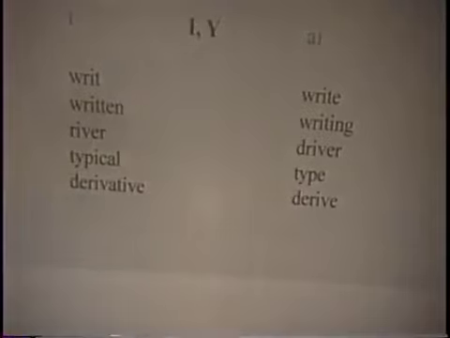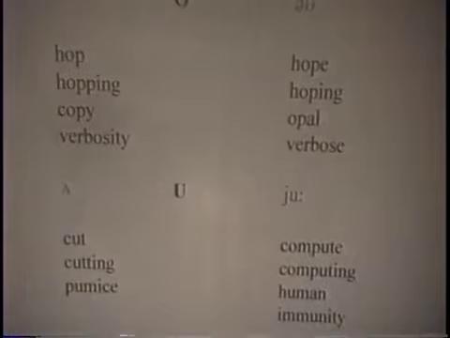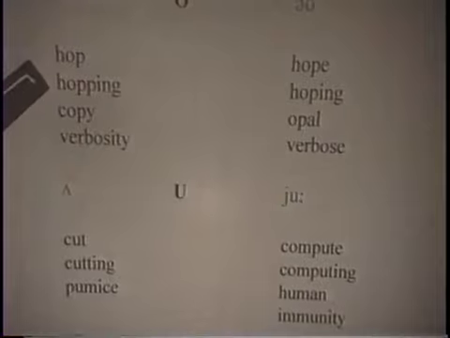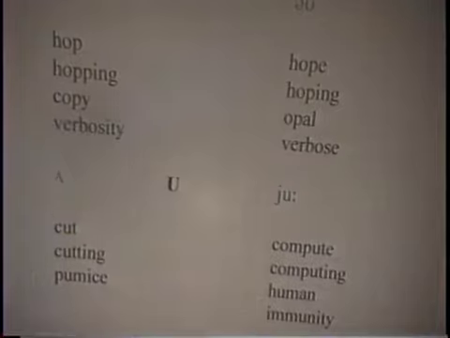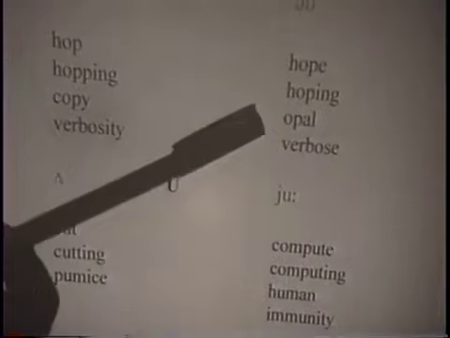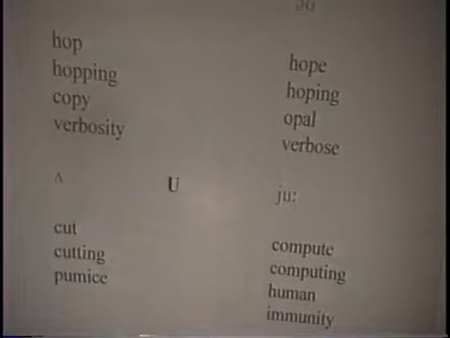Well, we could go on with this and just briefly look at the other two vowel letters, or examples of the same thing. Short vowel in hop, hopping, diphthong in hope, and hoping. Short vowel in copy, long vowel in opal, precious stone.